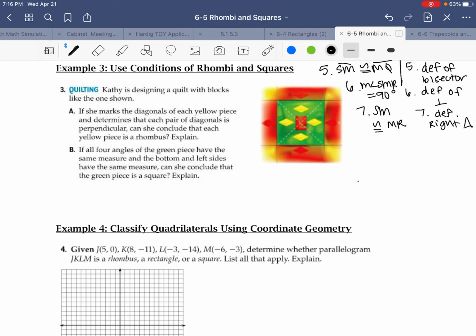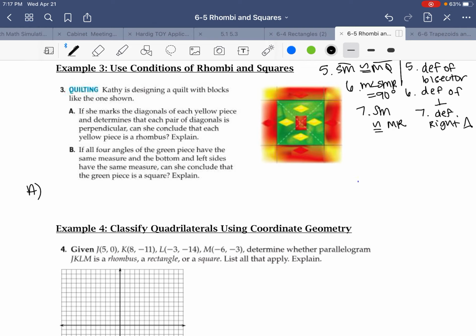Number 3, quilting. Kathy is designing a quilt with blocks like the one shown. For part A, if she marks the diagonals of each yellow piece and determines that each pair of those diagonals are perpendicular, can she conclude that it is a rhombus?